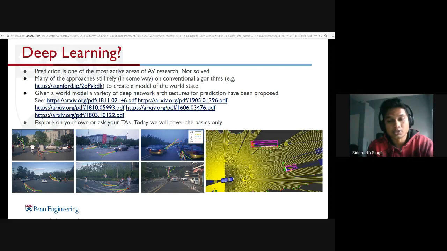In that process, I also perform pose estimation and prediction, right? So deep learning is something that you should look at, but it's not the only thing that might work. These approaches we will not be covering a lot because we will try to keep it simple so that it can be covered in class, and it is an ongoing research problem. So if you want to look into it, we can talk on the side or approach it differently.